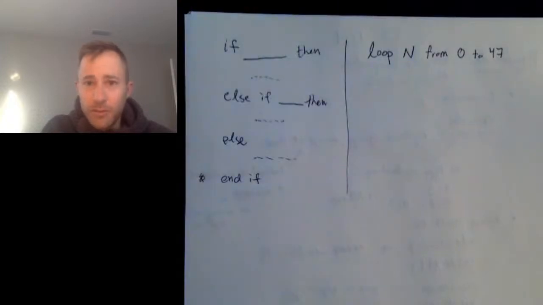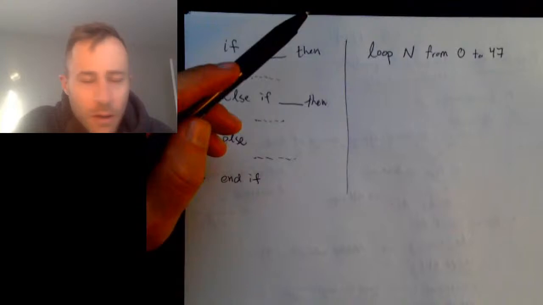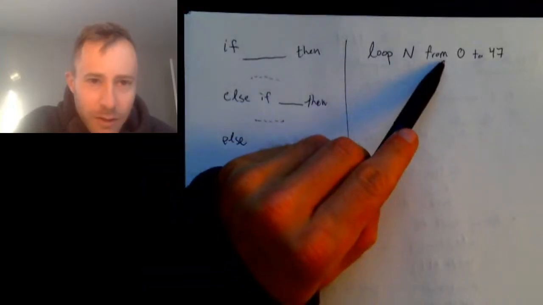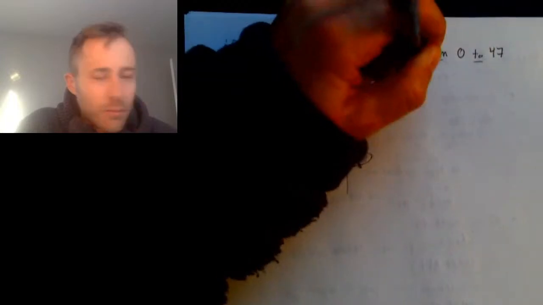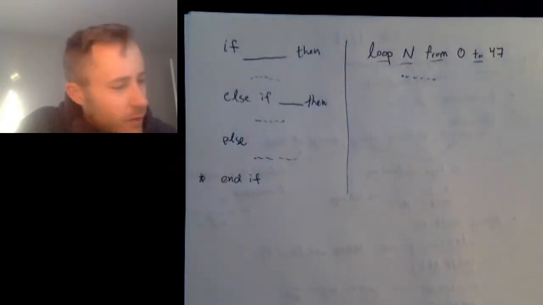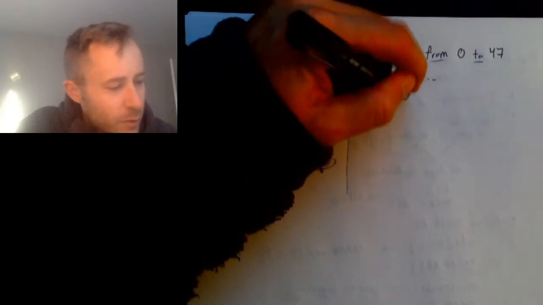So this would loop 48 times. Notice how the control statements are in lowercase, so from, to, loop. The variable name is capitalized. You do blah, blah, blah, and then you end the loop afterwards. So this is a for loop.